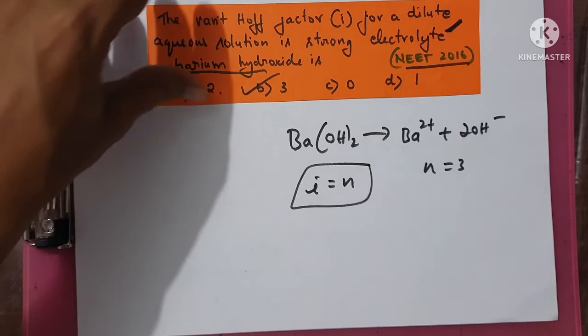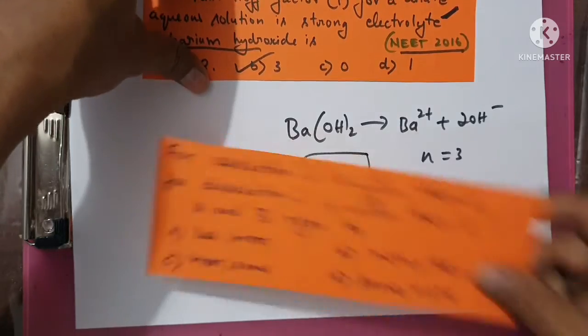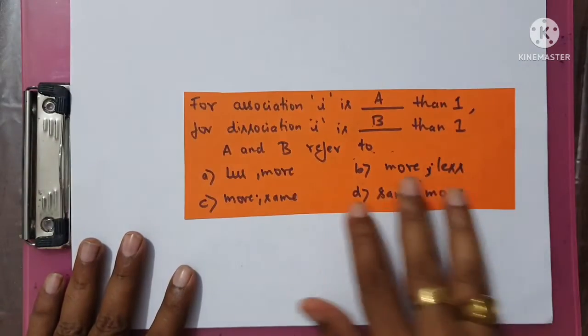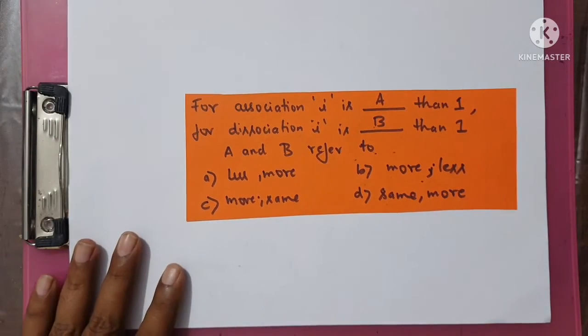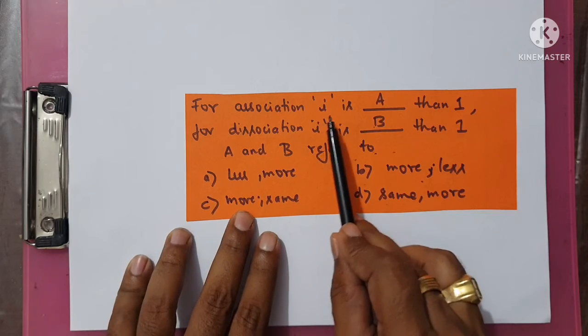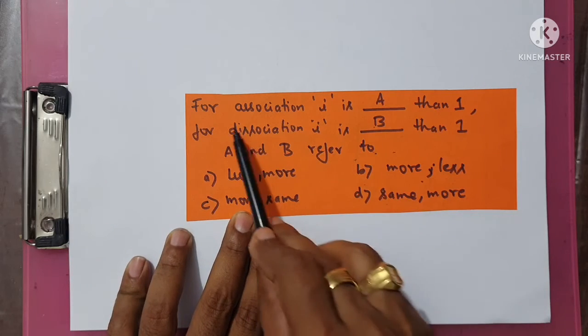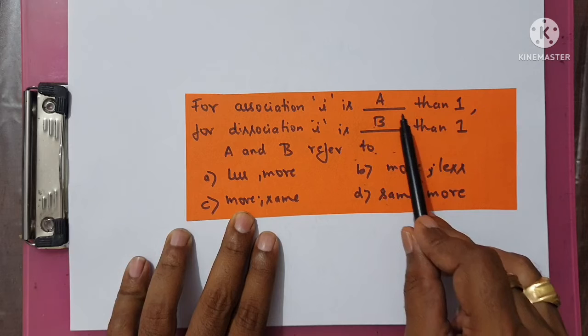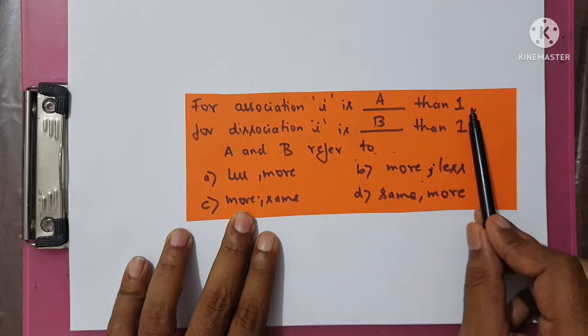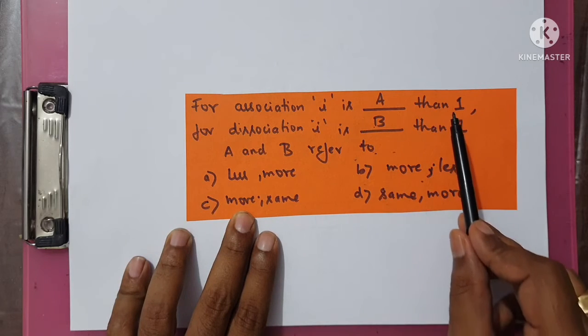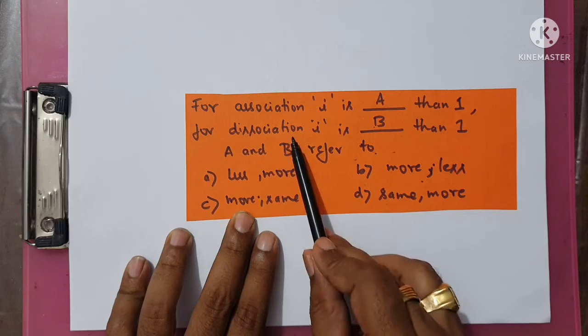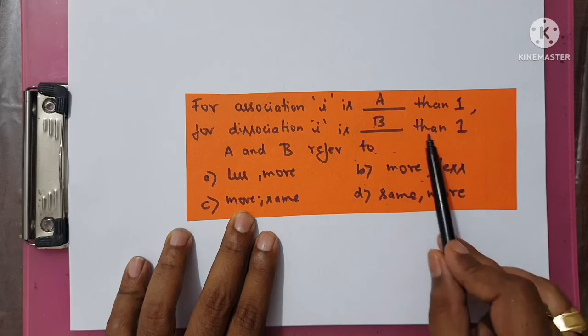We'll quickly go for one more question. I am sure you will solve this question very quickly. It's a very easy question. You can observe, for association, i is dash than 1. Is it less than 1 or more than 1? For dissociation, i is dash than 1.